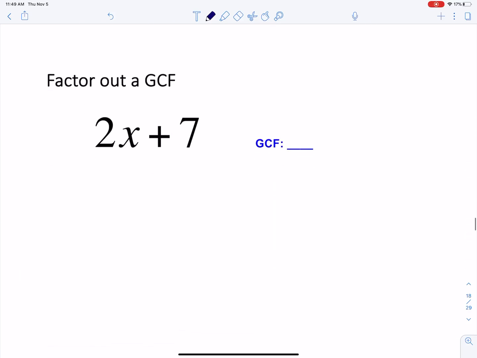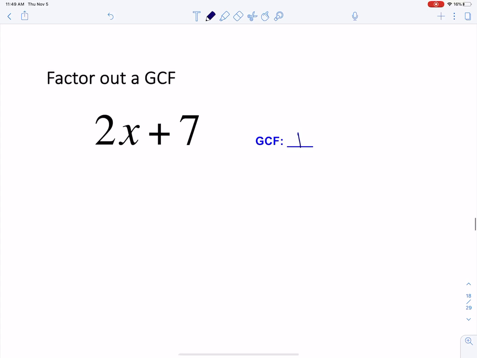So for example here, when I'm looking at 2x plus 7 and I want to factor out a GCF, 2 and 7 have a common factor of 1, and x and 0 have a common factor of 1. So my GCF here is 1. And when my GCF is 1, I'm not going to factor out a 1. It simply means that this is prime. So there's no GCF greater than 1 here. We answer that as prime.